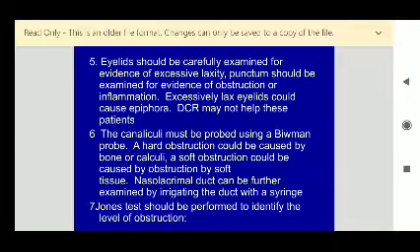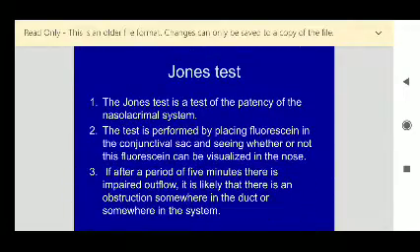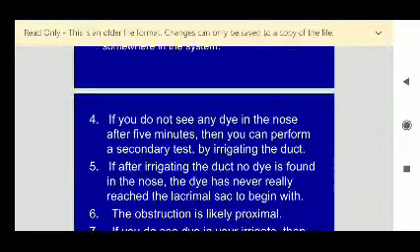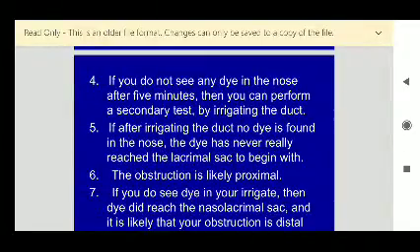Jones test should be performed to identify the level of obstruction. The test includes placing fluorescein into the conjunctival sac and then visualizing the fluorescein in the nose. If you do not see the dye after 5 minutes, you can perform a secondary test by irrigating the duct.